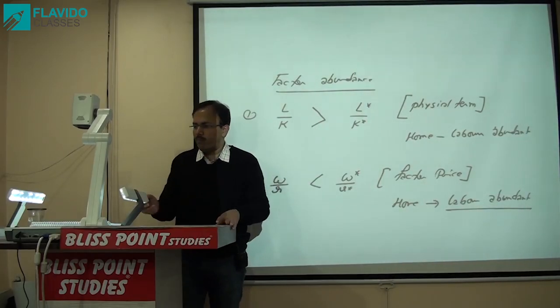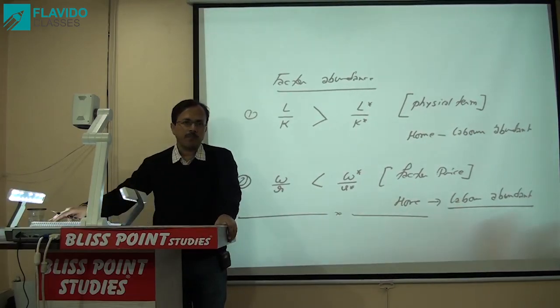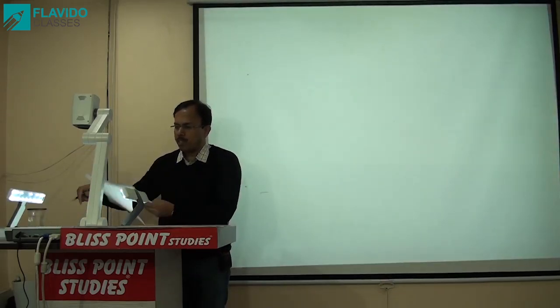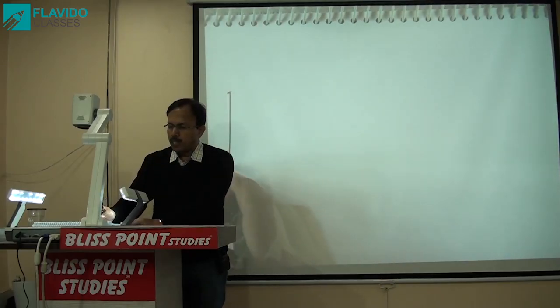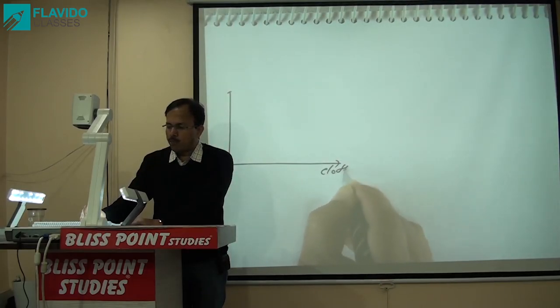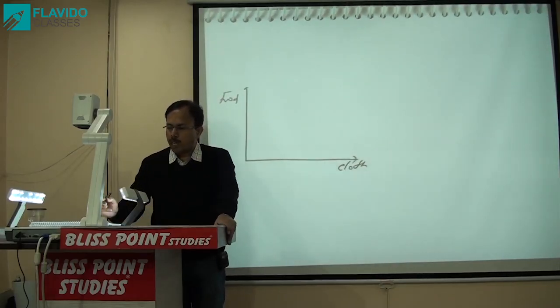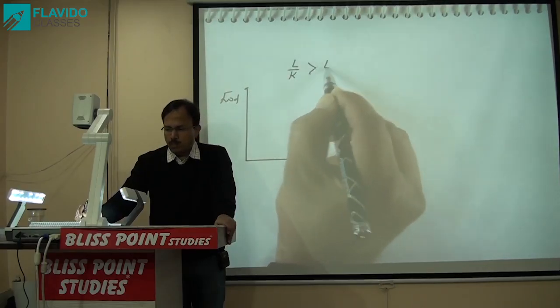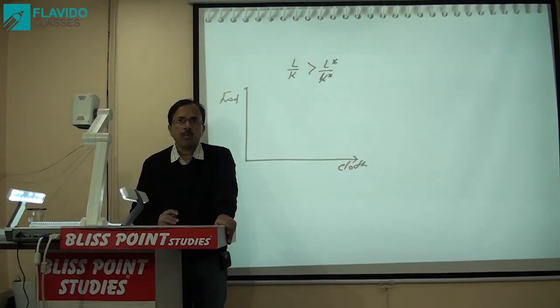And how does factor abundance affect the production possibility frontier, PPF? Remember, production possibility frontier. So when you say cloth and food, and the labor to capital ratio is more than the labor to capital ratio in the foreign country, what will be the shape of PPF in the home country?